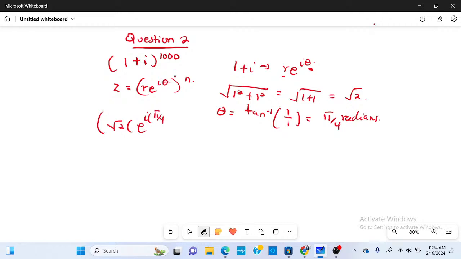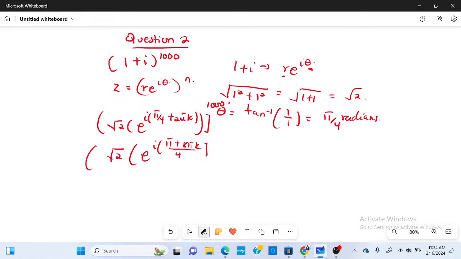But in order to simplify what you have here, we need to use the extended argument plus 2 pi k. You close brackets, then you know that the power is already 1000. So let's come down and express what I have here. This expression becomes the square root of 2 multiplying e^i, if you have pi on 4 plus this, you multiply 4 by this expression, so you get pi plus 8 pi k all over 4.